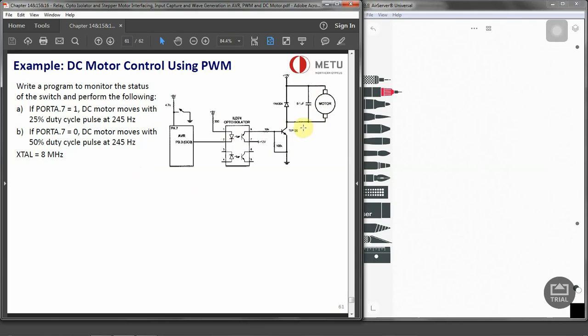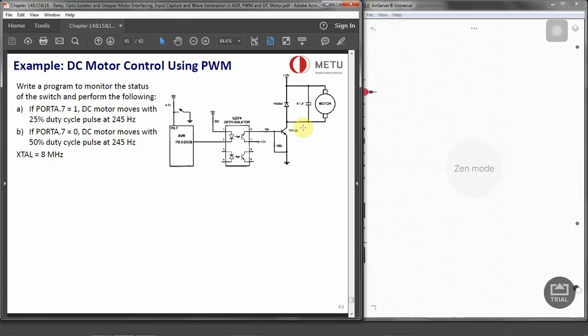Now what we need to do, for 25% duty cycle, that will give us 0.25 times 255, which is going to be 64. Now OCR0 is going to be 64.